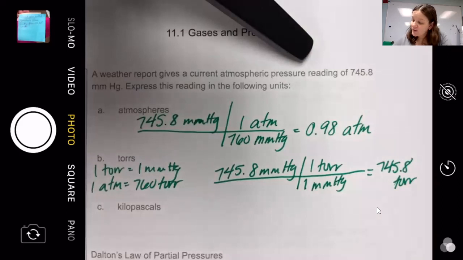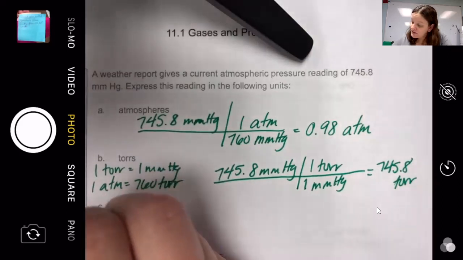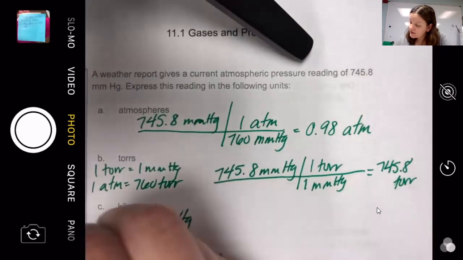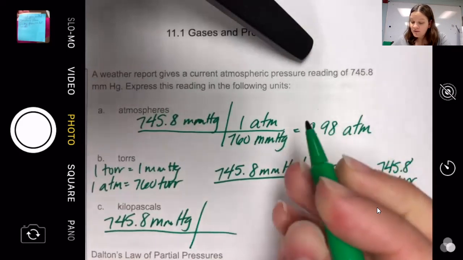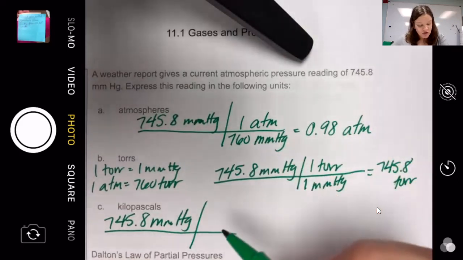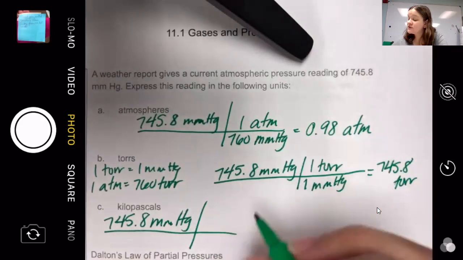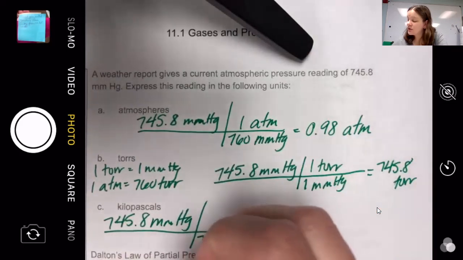And finally, the kPa. For this one, I can't go directly from kPa to millimeters of mercury, or millimeters of mercury to kPa. So I have to go through atmospheres.